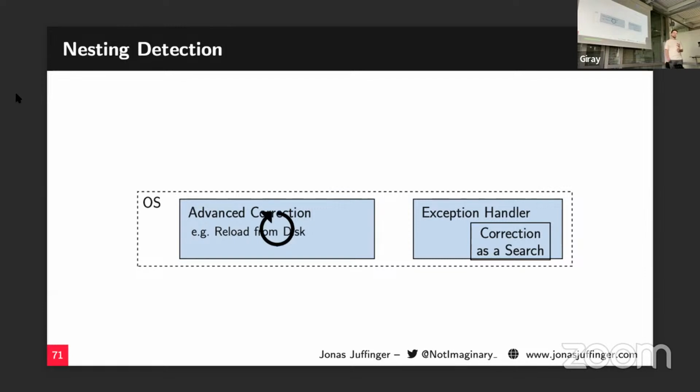Nice. It tries that, but then there's a problem. There's another bit flip in the ext4 driver of the operating system, in the code. So it tries to execute the ext4 driver code to reload the data from the disk, and we get another corruption exception. Because now the operating system, of course, gets a corruption exception, and it wants to go to the advanced correction to check, is this kernel data?